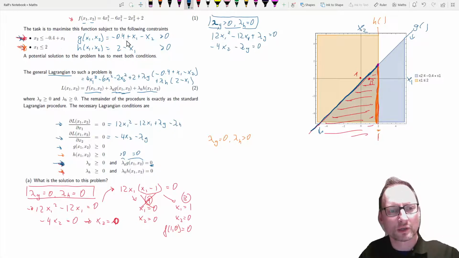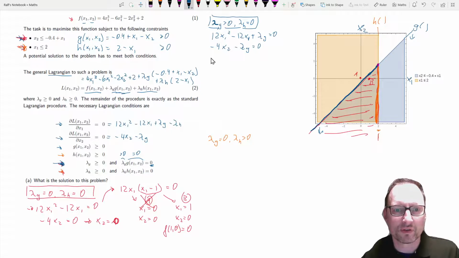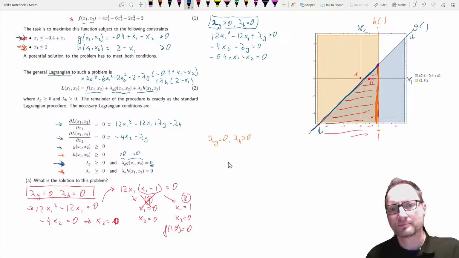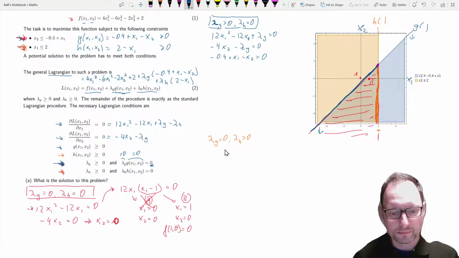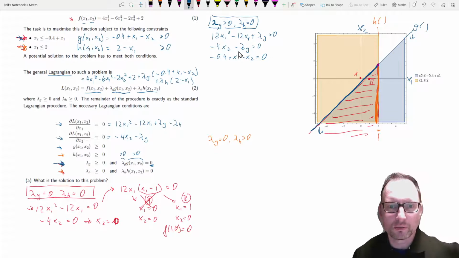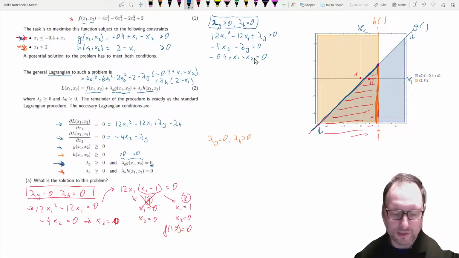So we go to our G function and set it to 0, which gives us the third equation: negative 0.4 plus x1 minus x2 is equal to 0. So we have 3 equations and 3 unknowns, and we can potentially solve this.